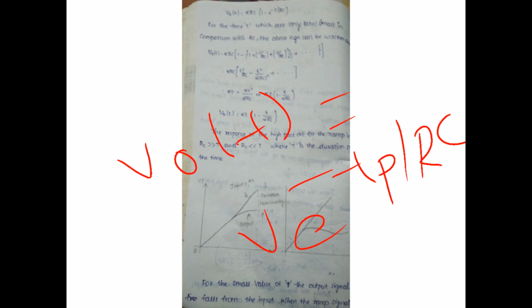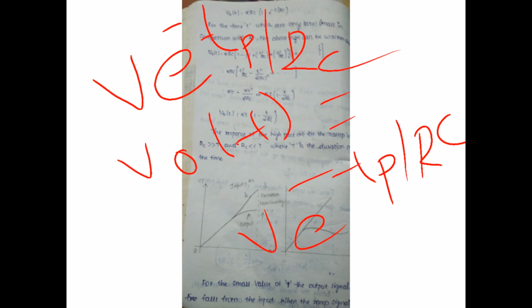That means the signal voltage is V, and it changes with an exponential signal. After reaching some level, it is reduced over pulse time TP with time constant RC. We can write v naught of t is equal to V e power minus TP by RC.